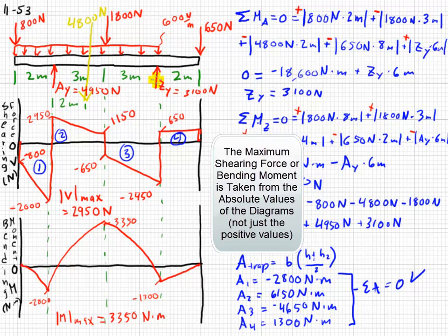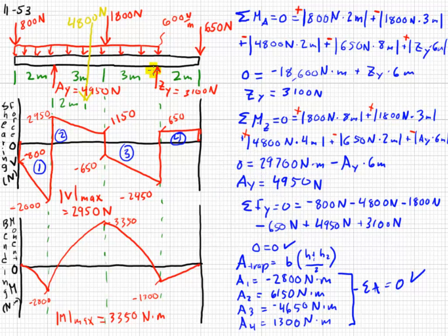A beam with 2 points of support and a variety of distributed and concentrated loads. First, we had to sum the moments and find the reactions. We checked with some of the forces in the y direction.